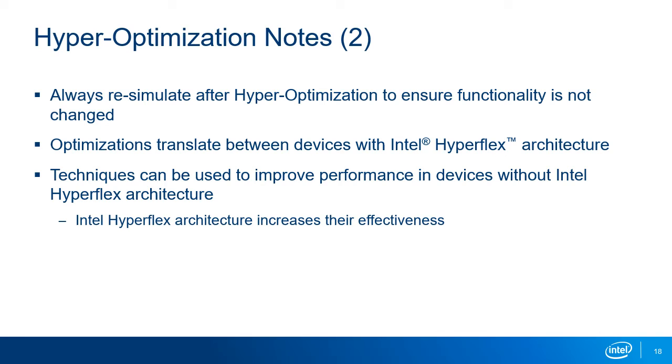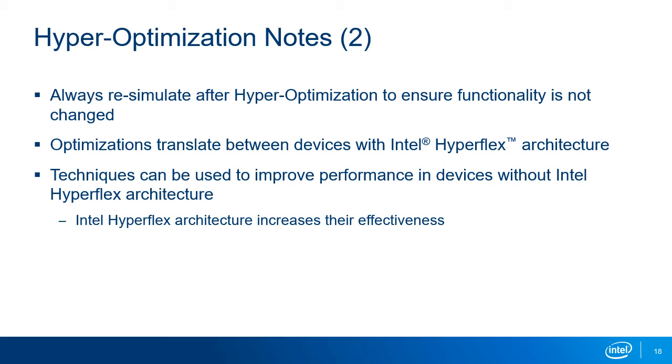Next, always make sure you resimulate the design after any hyperoptimization. You must verify that your design functionality has not been changed. If you make optimizations for one device with the HyperFlex architecture, those optimizations will translate to other devices with the HyperFlex architecture, so you can feel safe in the knowledge that your work will translate.